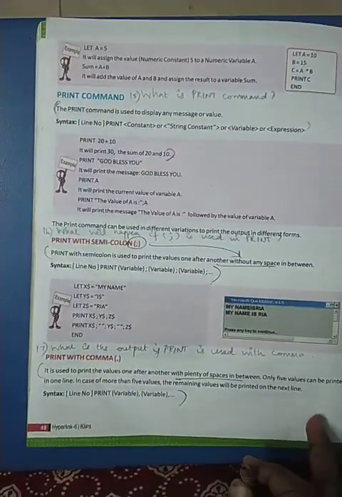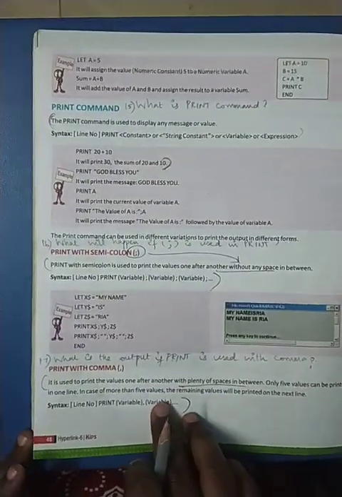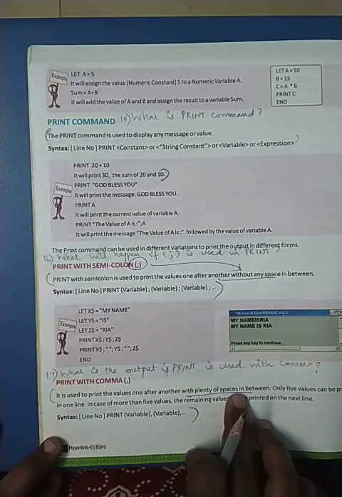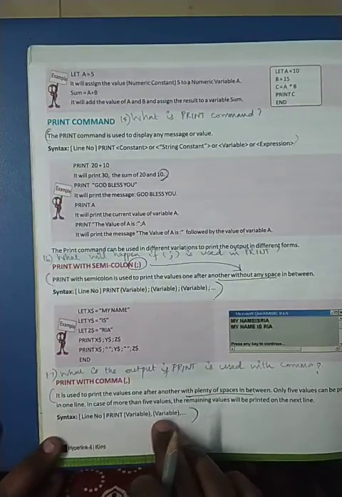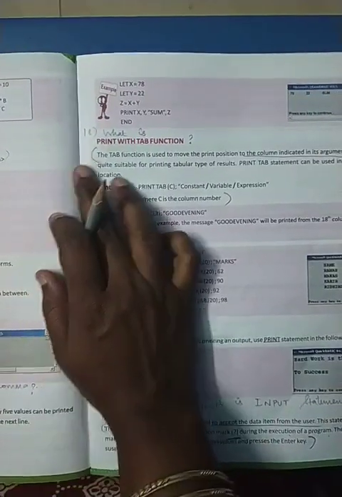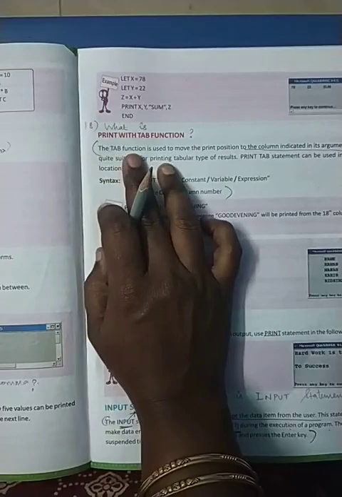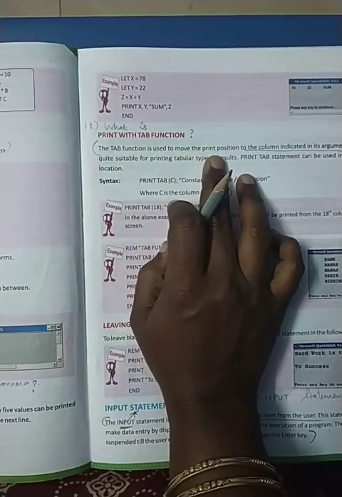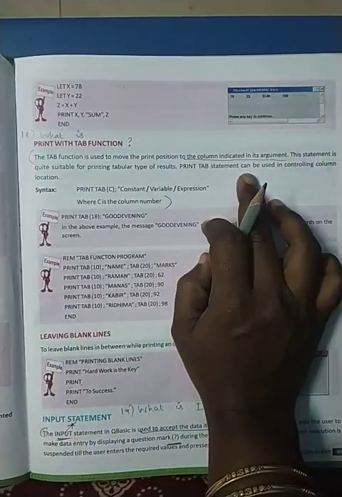Now what is the output if print is used with a comma? When I use a comma, you will have plenty of spaces. So the syntax: print variable 1 comma variable 2. Now what is the 18th question? What is print with the tab function? The tab function is used to move the print position to a column, whichever column we indicate.